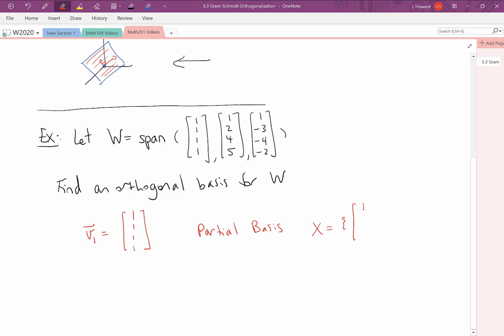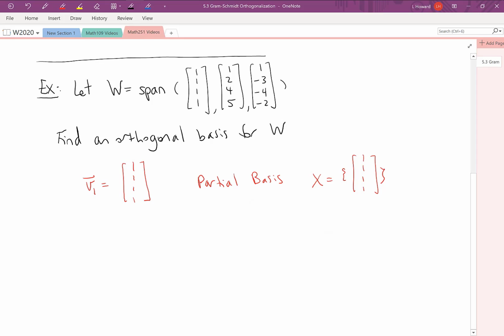After the first step, we have just that first vector in our partial basis. We're going to go through two more steps. On the second step, we'll add a second basis vector, and by the third step we'll be done and will have our entire basis. All we've done in that first step is take the first vector in that span and put it into X.